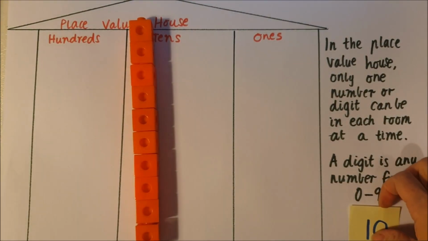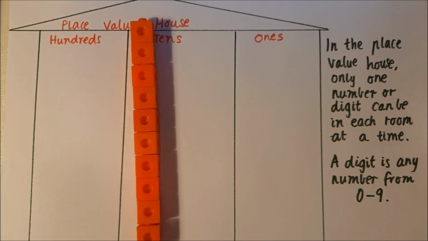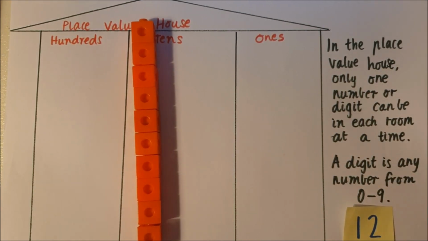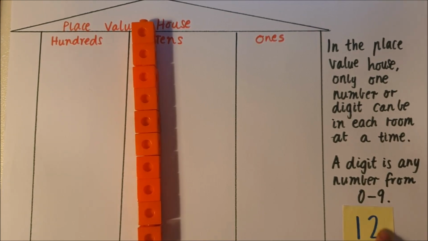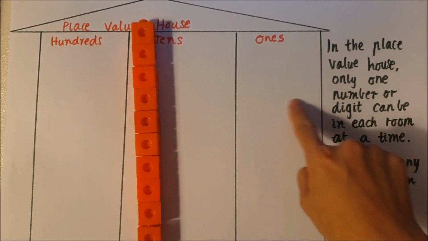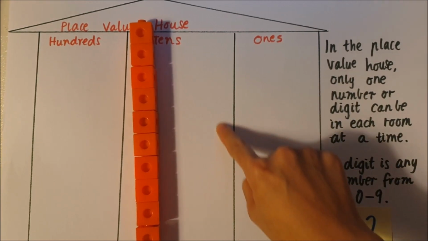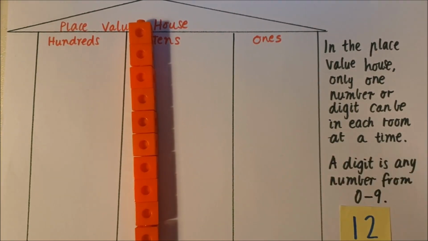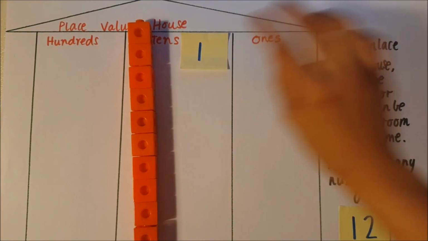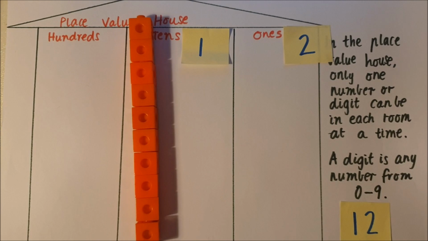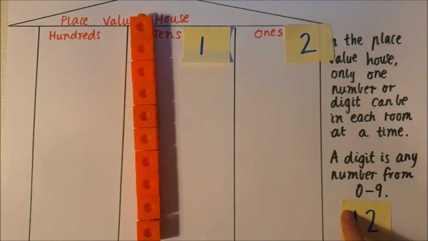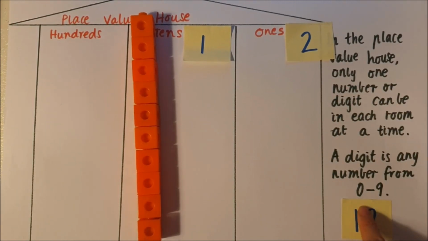Now what if I had the number 12? If I had the number 12, that is 2 digits. So that means I can't have the 2 numbers in the ones and I can't have the 2 numbers in the tens room. So what I would have to do is actually split that number up, and I would put one of each into each room, because I know 12 is 10 plus 2.